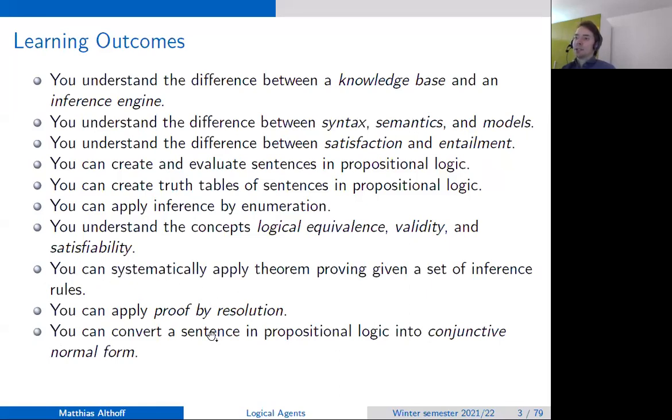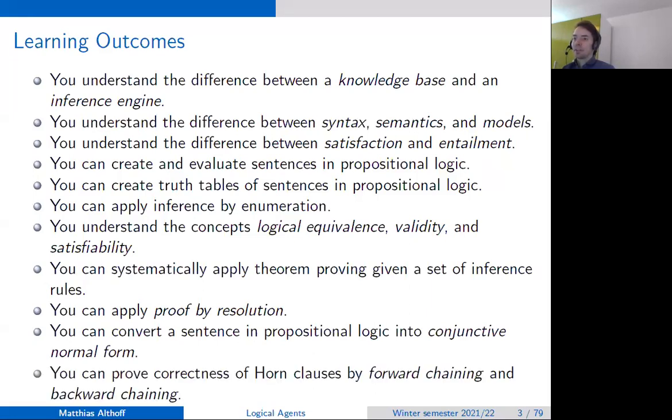And in order to do that, you have to convert a sentence into conjunctive normal form, which is very mechanical. So once you know how to do this, if this comes up in an exam, this is always easy to get points. And finally, you can prove correctness of Horn clauses, which is a special case of propositional logic sentences, by forward chaining and backward chaining. And we'll also discuss the advantages and disadvantages of both techniques.